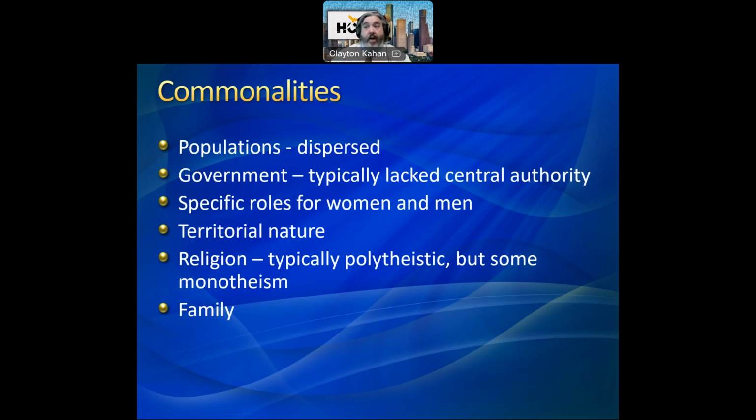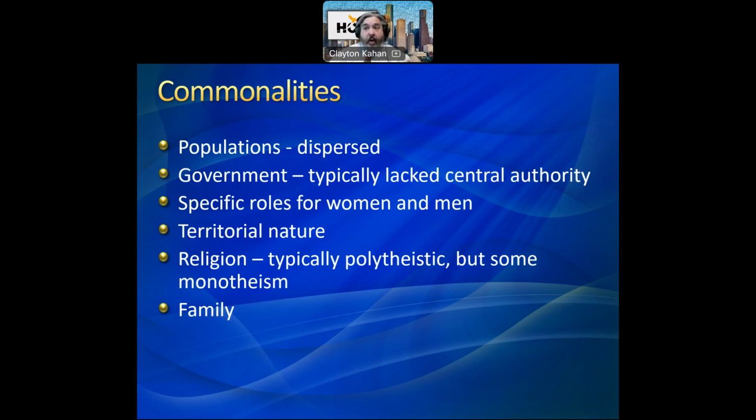Okay, so we're going to talk about these, but remember, we're making generalizations here, so broader stuff. And over the course of the semester, when we talk about these peoples, we're going to go from the general to the more specific. So here we're talking about generalities. All right, so again, they're not monolithic. They are not all doing the same thing. They're not all moving in the same direction, but there are commonalities.